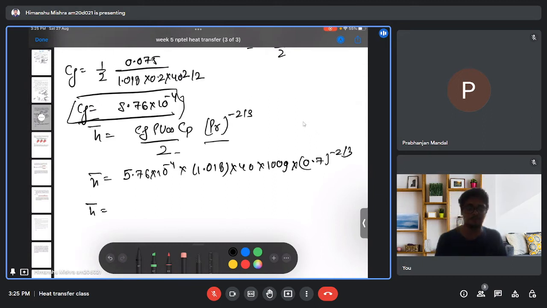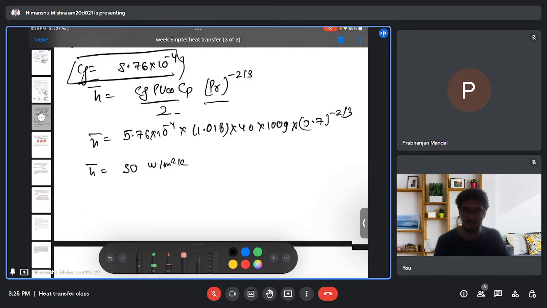And on solving with the calculator, we can write the heat transfer coefficient as 30 watt per meter squared per Kelvin.